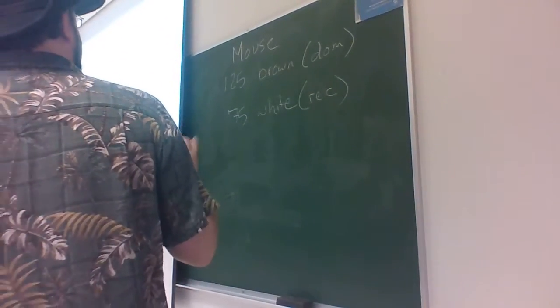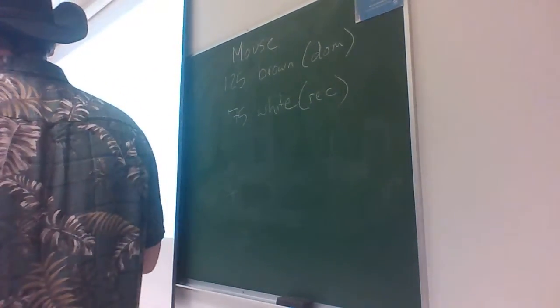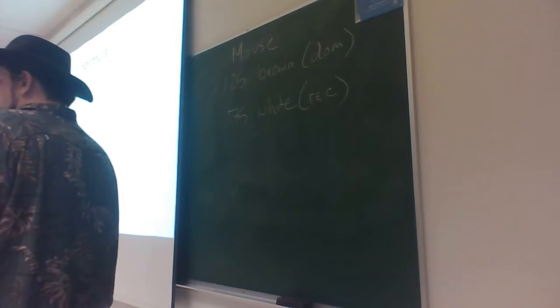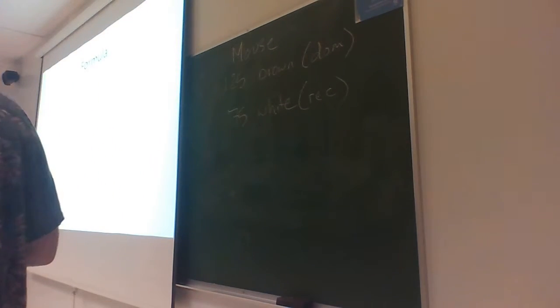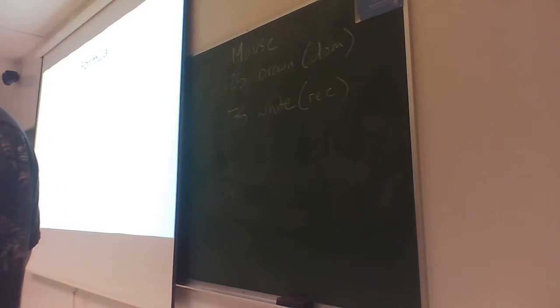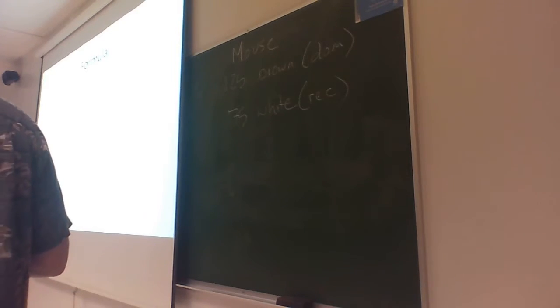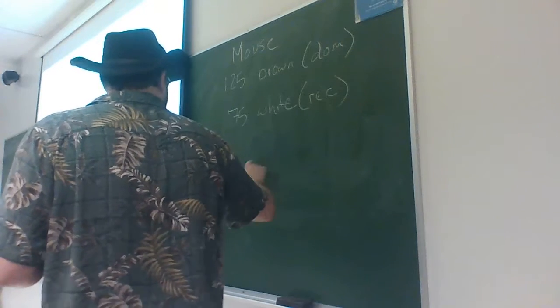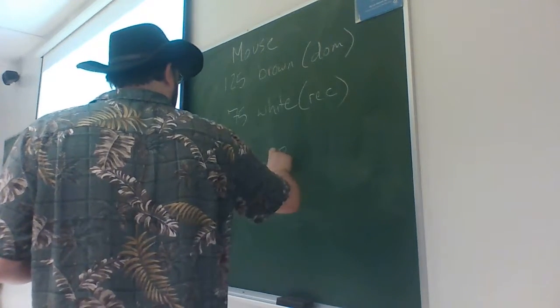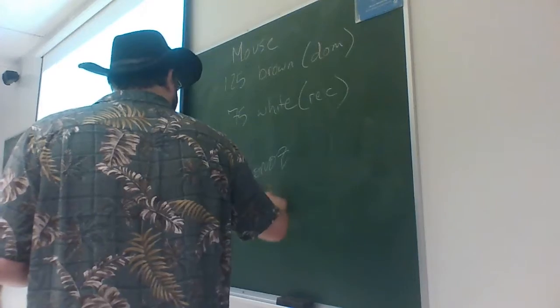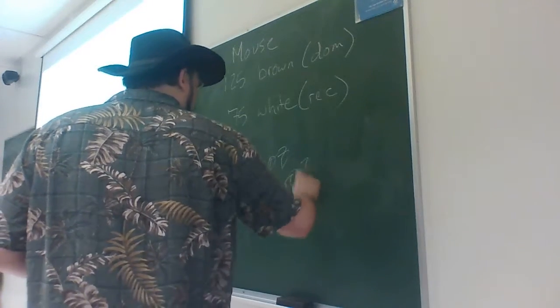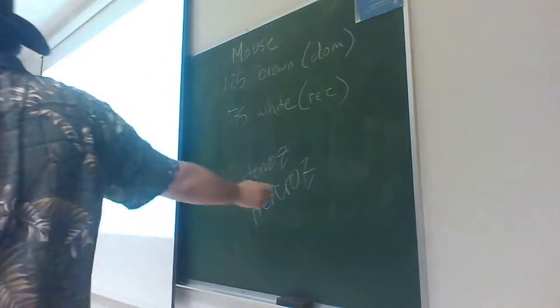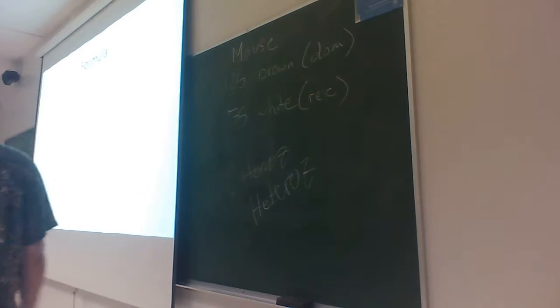Can we plug the frequency of white mice into Q? You don't know if the brown mice have recessive. Yeah, there it is. These 125 brown mice can be homozygous dominant, or they can be heterozygous dominant. And if they're heterozygous, they have a recessive allele.